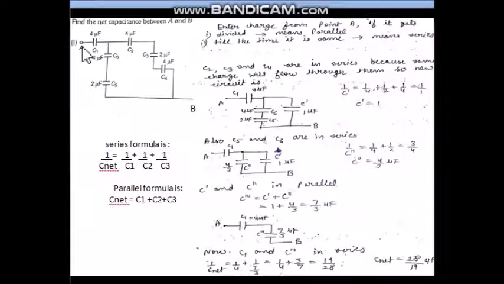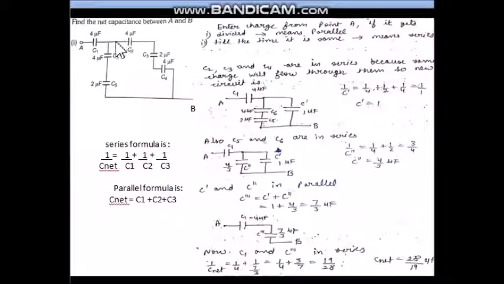So the procedure is similar. We have to enter the charge from A; as long as it flows the same, that means series, and if it gets divided, that means parallel. If we enter a charge from point A, then here the charge will get divided.